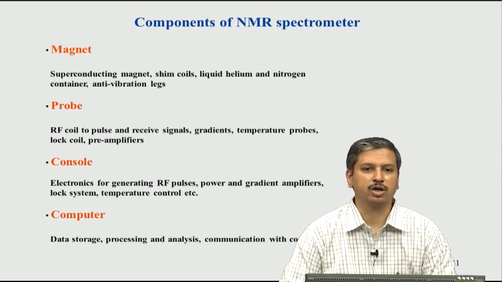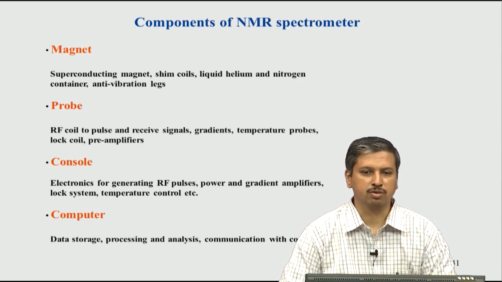The next major component of an NMR spectrometer is the probe. The probe is the part of the system where you apply the RF pulse, receive the signals, and control the temperature and so on. Whatever control we want to do on the probe and magnet is done by the electronics in what is called the console. The console is a box which contains all the different boards and circuits for generating the RF pulses, the gradient amplifiers, the lock system and so on.